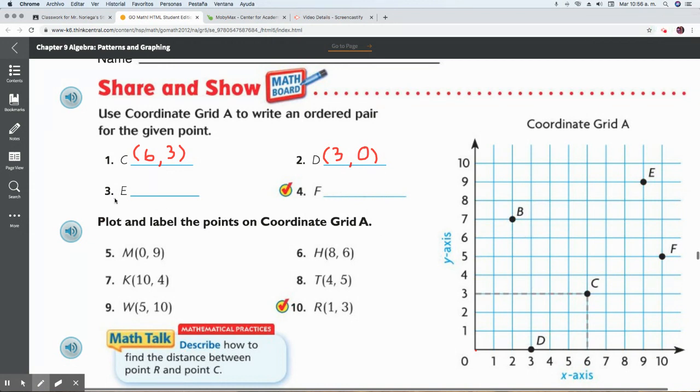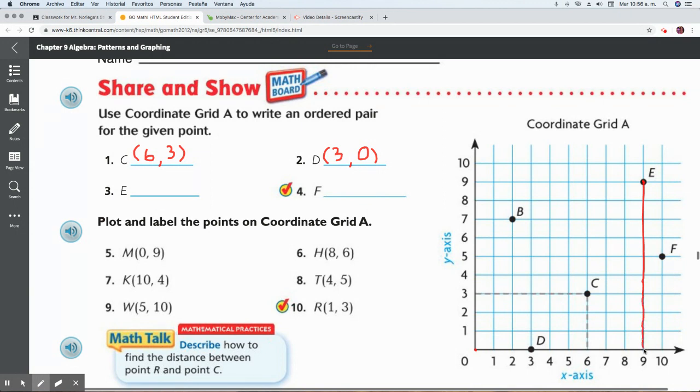Number 3. Letter E. Letter E is right here. How many units did we walk from the origin to the right? 1, 2, 3, 4, 5, 6, 7, 8, 9. If it helps, boys and girls, you can always draw a line segment that will connect your point to the x-axis.